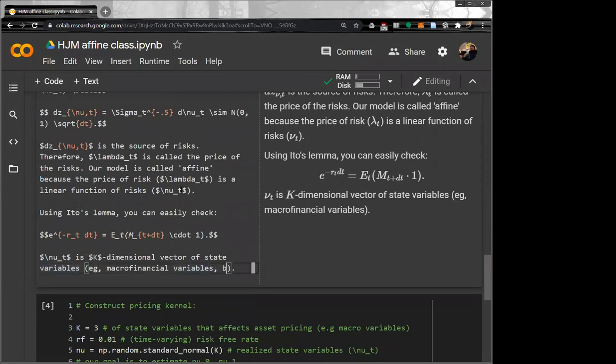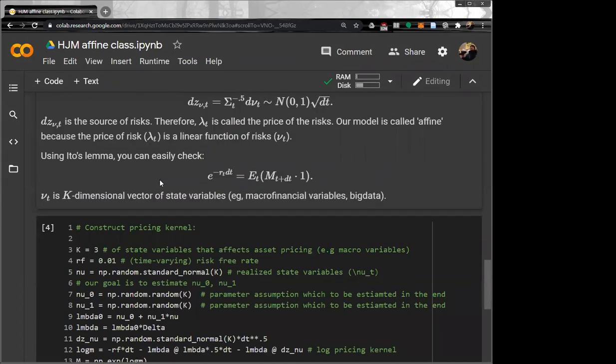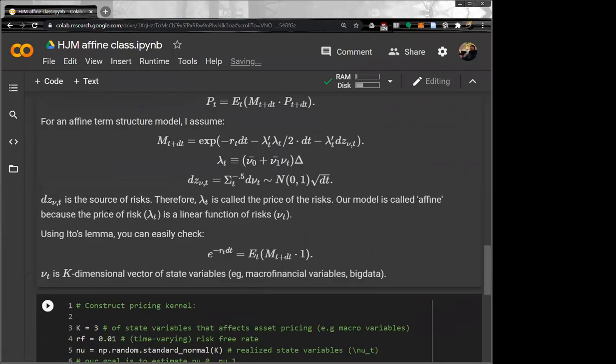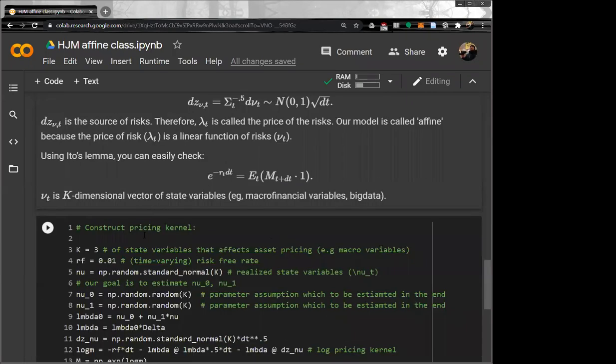or possibly big data, to make it fun. Let's make a simple assumption for the purpose of class. We have 3 sources of risk, only 3, not big data. 3 macro financial variables, so K equals 3, and the dimension of dv is 3.